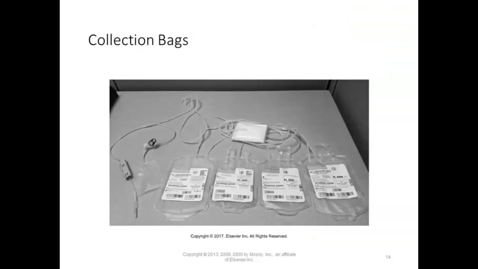So this is what the bags look like. You'll have one larger bag, and this is the needle. The bag is set up with different little clamps. Here's one and here's one. I think this first bag is the one that the whole blood is donated in.